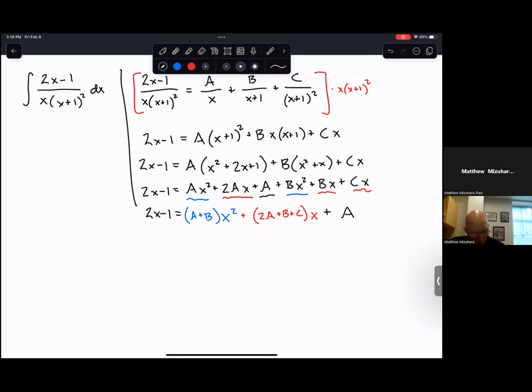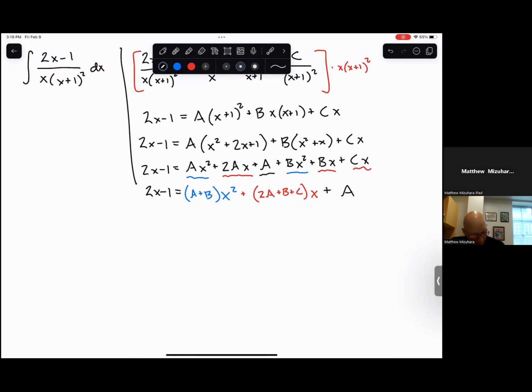So let me quickly rewrite the left-hand side a little bit differently. Let me write it as 0x squared plus 2x minus 1. I'm just rewriting that left-hand side, adding the 0x squared to be really clear about it.